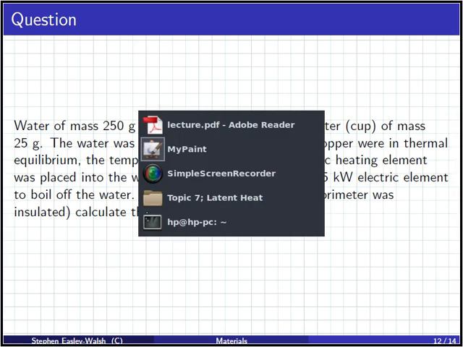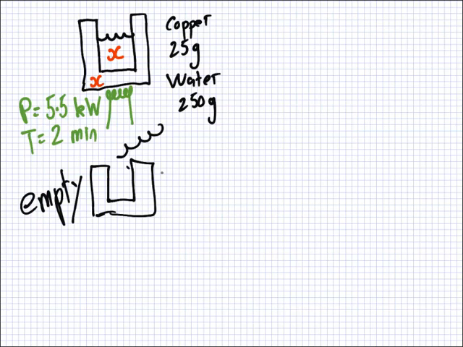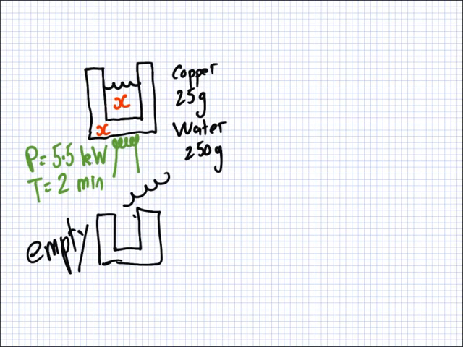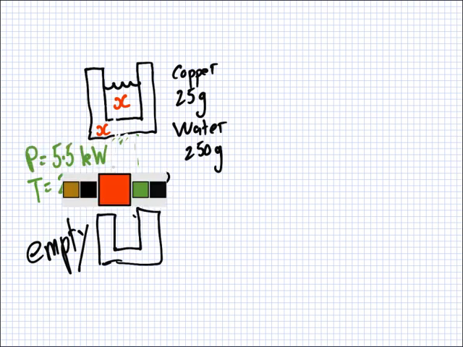And just to be clear, I know it might seem stupid, but I think it does really matter. The heating element actually is inside the water. So I know I make it look like it's outside, but really, I don't know if I say it in the question, but the heating element is going inside.